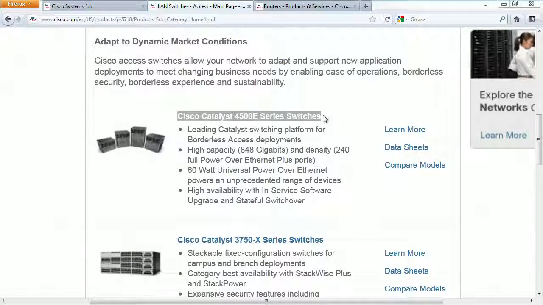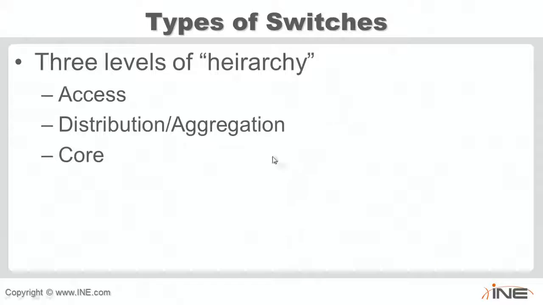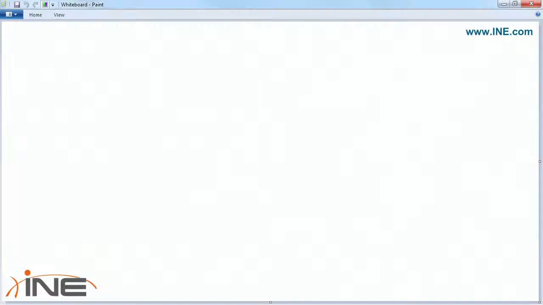But the key is that from a high-level point of view, when we look at the network, a lot of times you'll see it fits into this hierarchy where your access switches, that's where your endpoints are plugging into. Eventually, these are going to plug into the distribution switches, and then eventually plugged into the core.